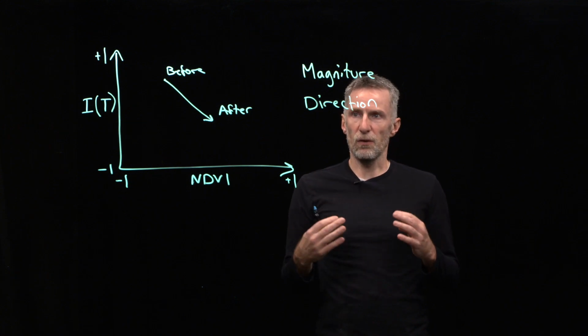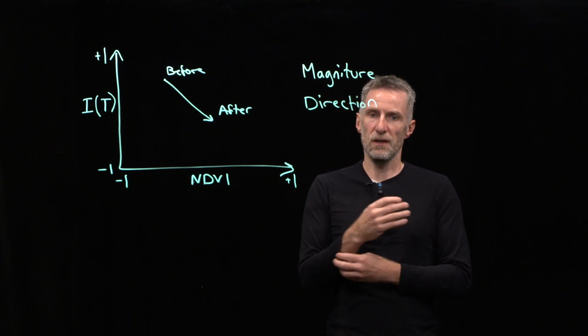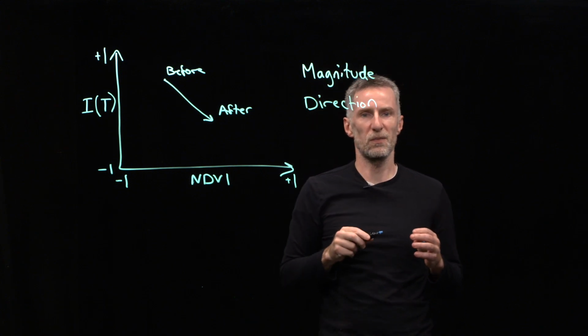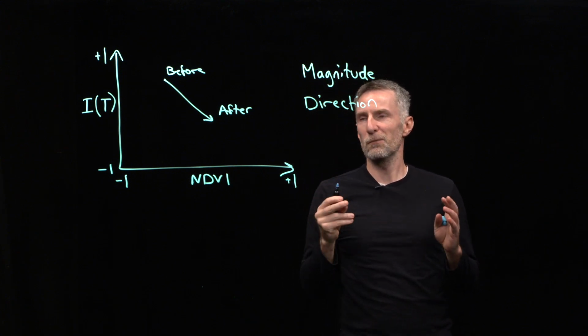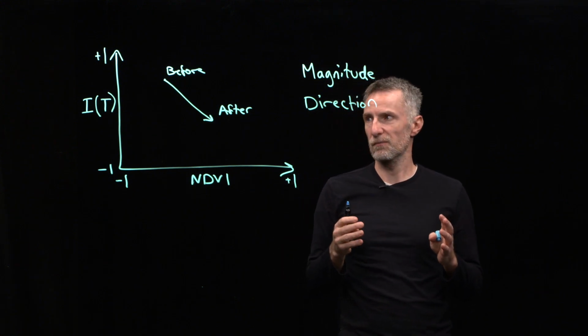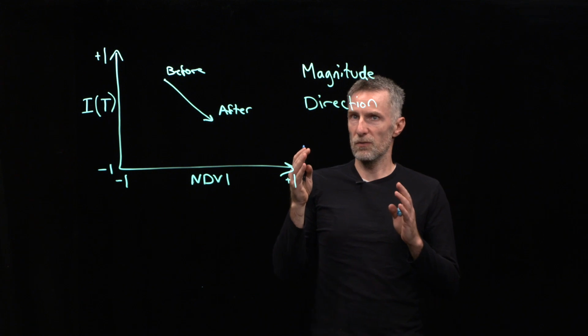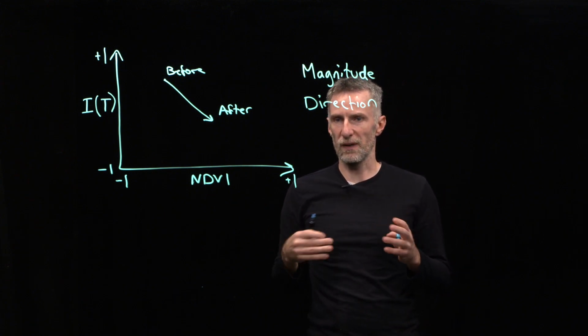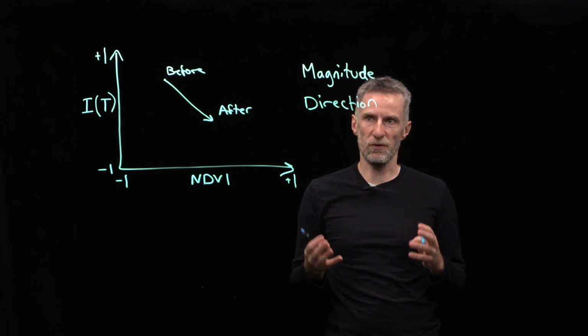So to try to separate those two, we have to define a threshold for the, sorry, I just realized I misspelled magnitude. We have to apply a threshold to the magnitude of change, where we say change magnitudes that are smaller than the threshold, those we don't really care about. They probably represent no real important change.